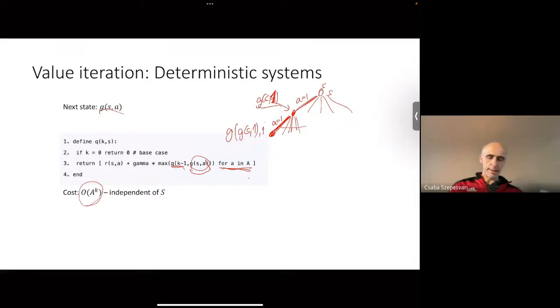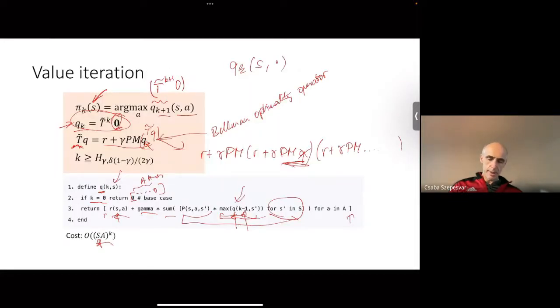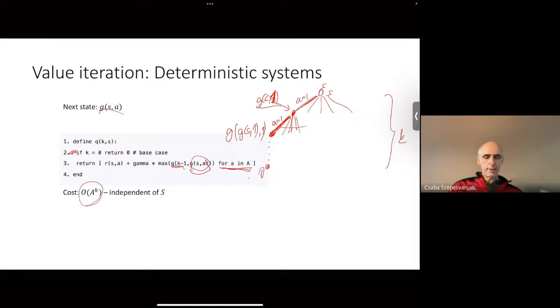And so on and so forth. This iterates k times until k is decreased to 0, in which case we're in the base case, and we're just returning 0.